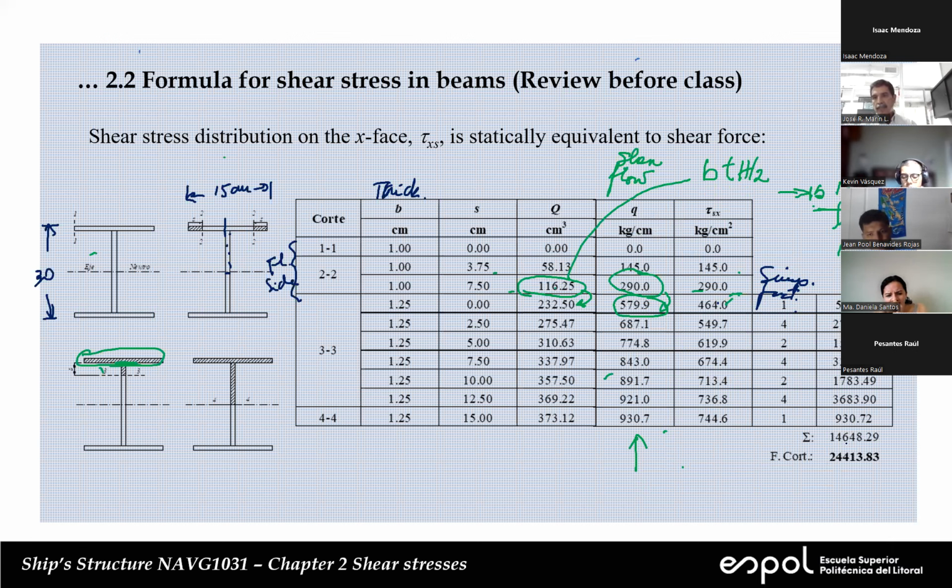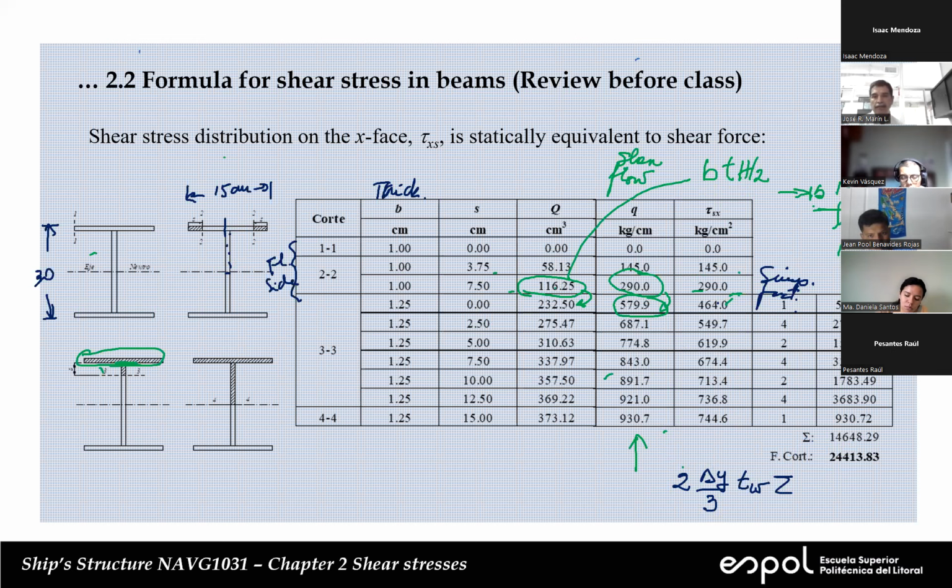And this is the summation. And here I have to multiply by two because we are considering only the upper part of the web. The increment divided by 3, the increment is 2.5 centimeters, times the thickness of the web, and then the summation.